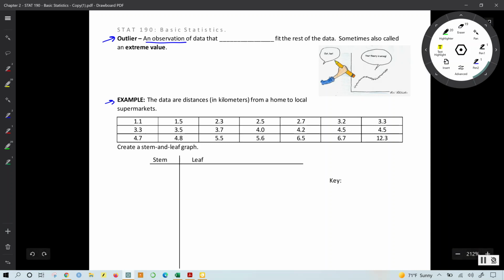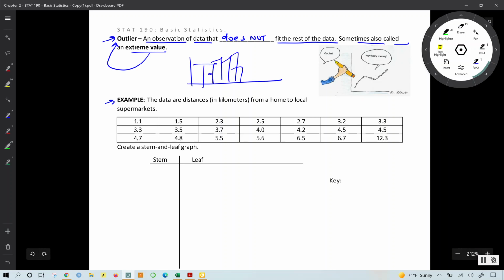An observation of data that does not fit with the rest of the data, most times, is sometimes called an extreme value or an outlier. And so you see, when we drew a histogram earlier, we have most of the observations here, and you see a single value, which is a straggler or more or less an outlier or extreme value standing away from the entire body of the distribution.